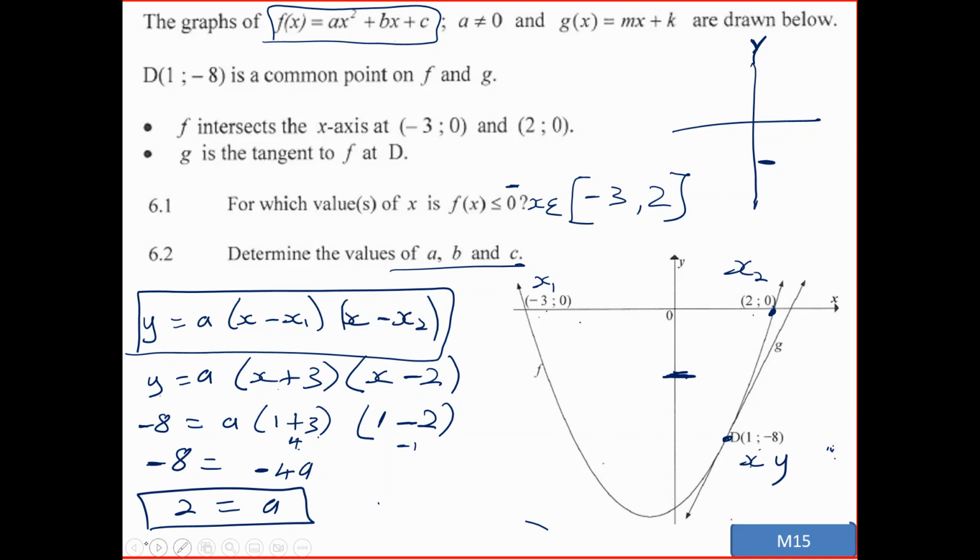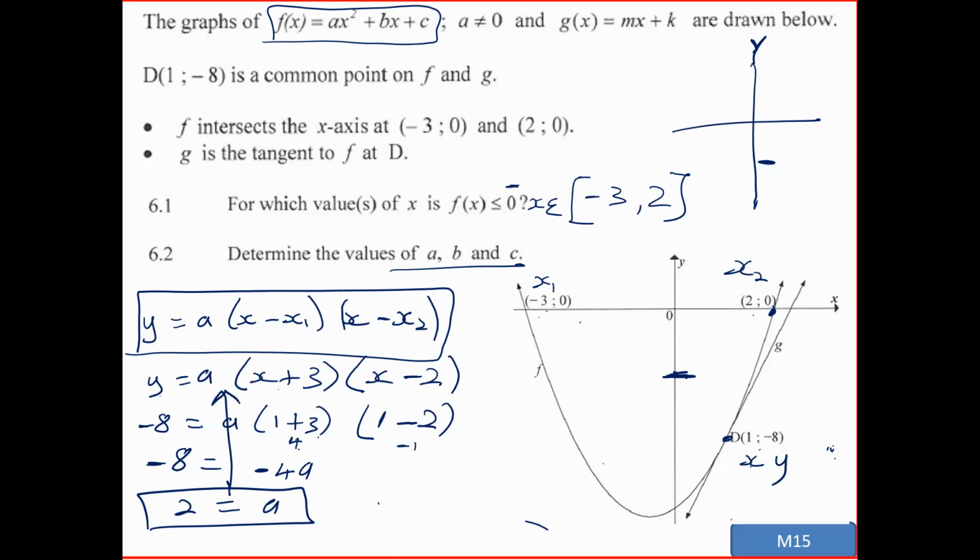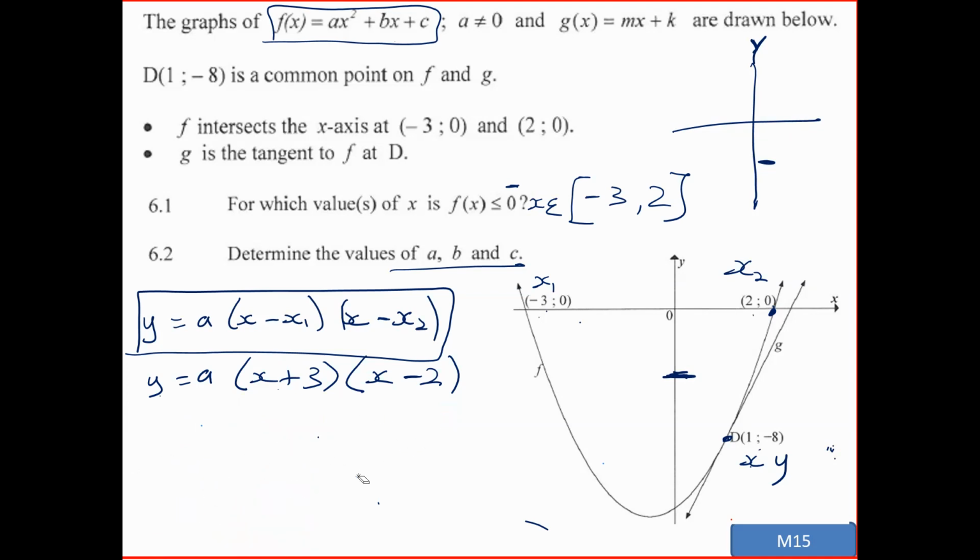Now, but the question is to find a, b, and c. So we're going to take our a to be 2 and go back to this step and replace the a with 2. Remember we got a to be 2. Then we're going to say y is equal to 2 into x plus 3 into x minus 2.